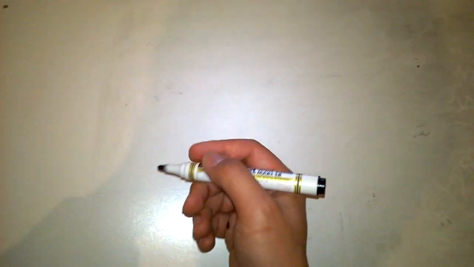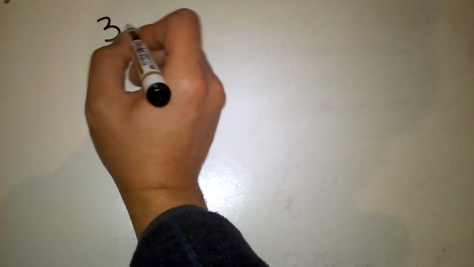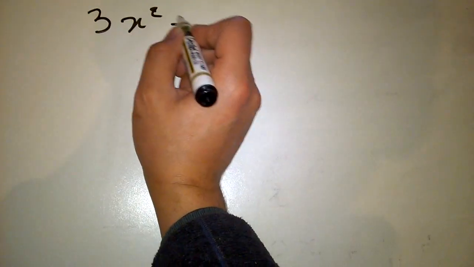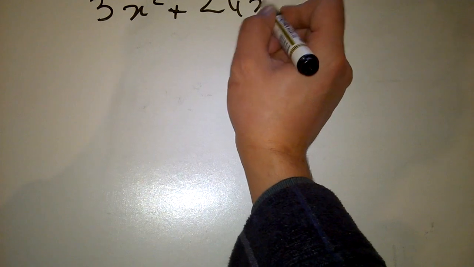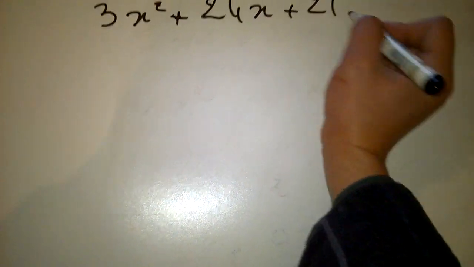So the things you have to know to do this is, I write a quadratic equation. Let's say 3x squared plus 24x plus 21.